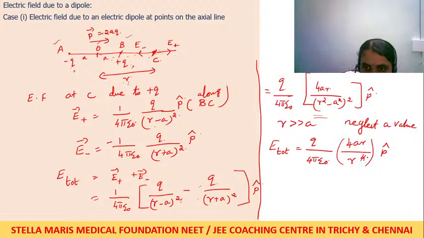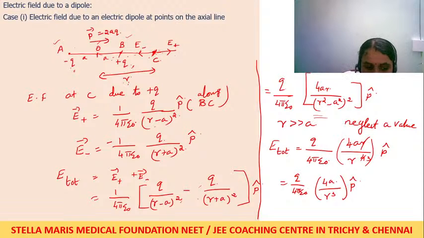Here, 3 and 1 cancel, so we will get Q by 4 pi epsilon naught, 4A divided by R cube, into P cap.